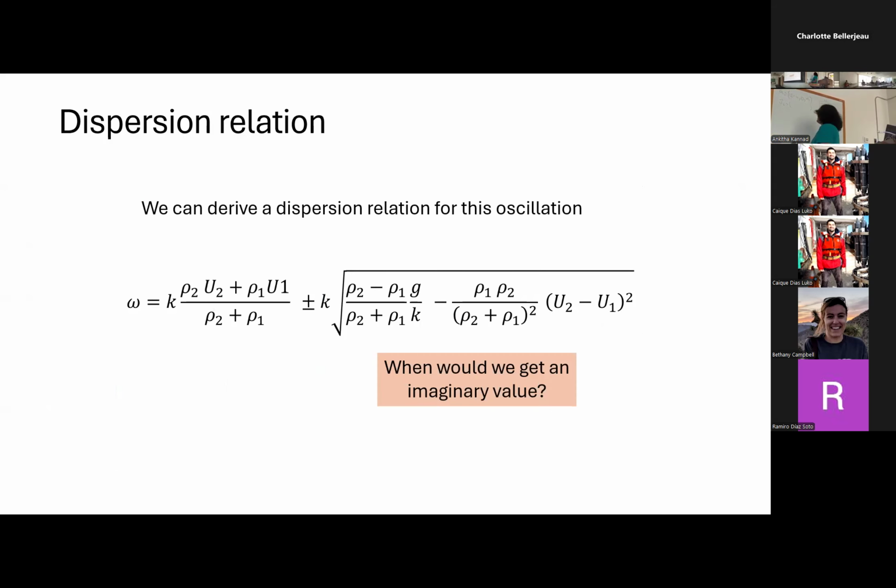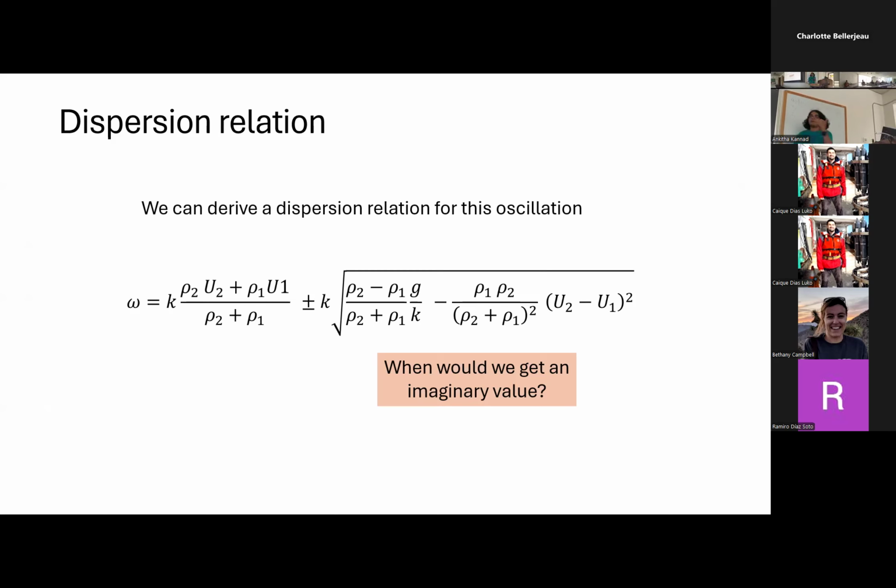If you solve this and apply boundary conditions, so you look at what's happening at the interface, you will get this dispersion relation. And Caique talked about this a little bit. It's a relationship between the frequency and wave number of a wave that's described by the assumptions and boundary conditions we just discussed.